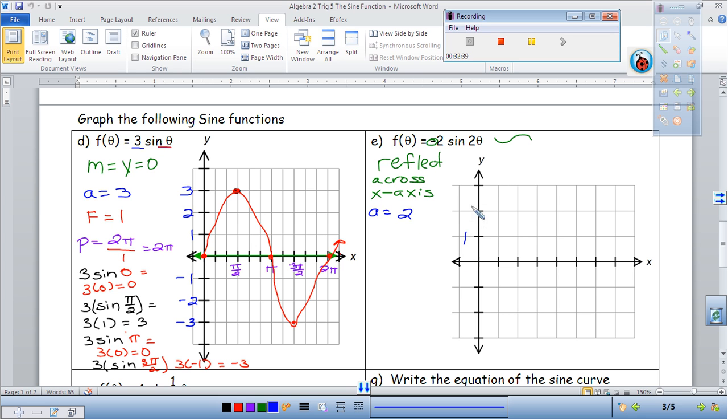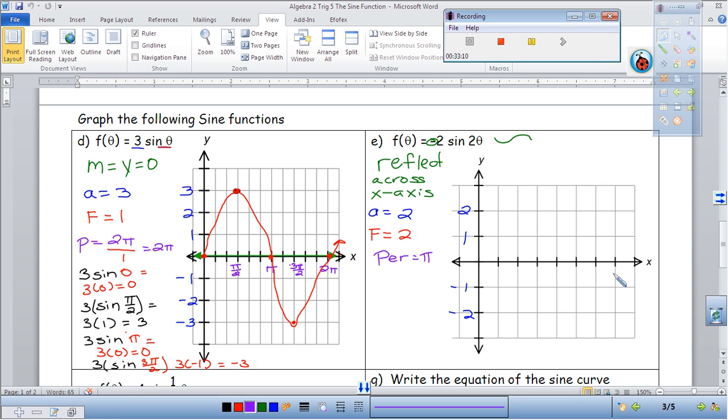So label this 1 and 2, and then negative 1, and then negative 2. Any questions over that? Then our frequency equals 2. And our period then, everyone find the period for me. Any questions?